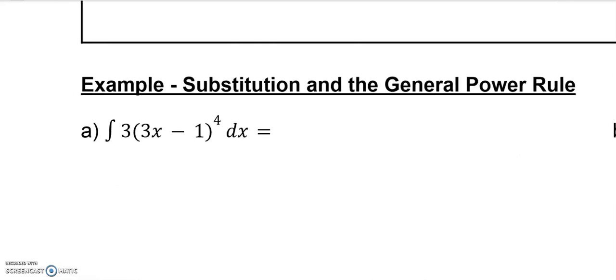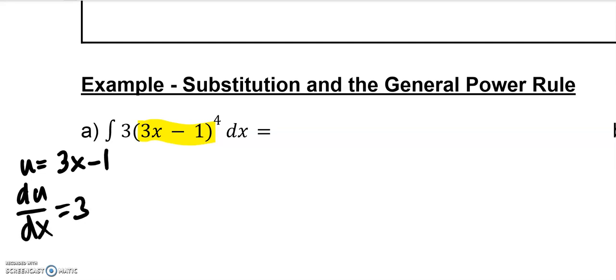You have this composite function, where this part right here, the 3x minus 1, that's the inside. And if you think about u-substitution, you're going to end up dividing by the derivative of that, right? My u is the 3x minus 1. My du over dx is equal to just 3.